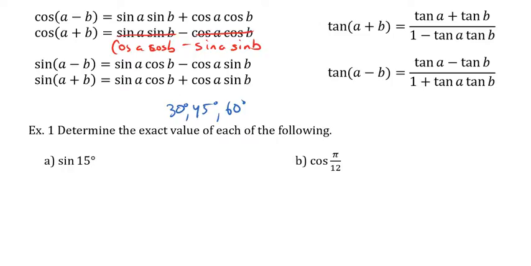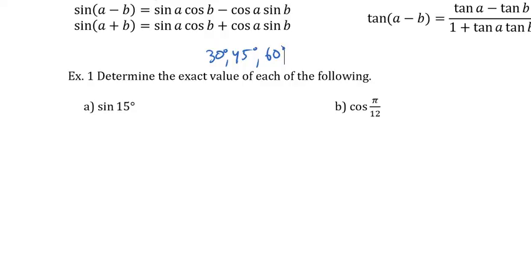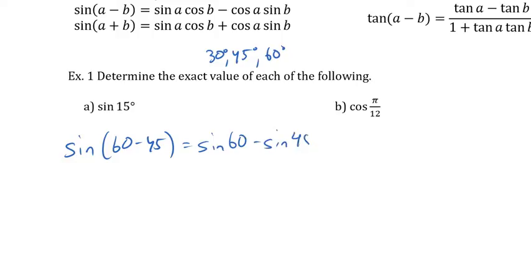I'm just going to pick on that for a moment because it's interesting to think about. The sine of 60 minus 45, if I put that in brackets, is it equal to the sine of 60 minus the sine of 45? That would be nice. That is not our formula, right? We don't know that's true. We can't make stuff up.